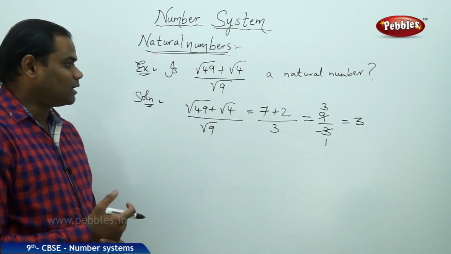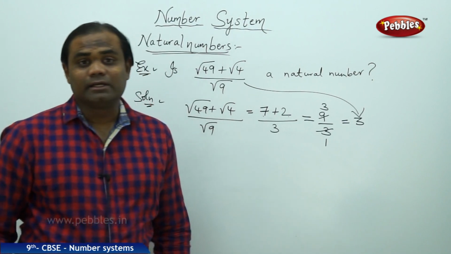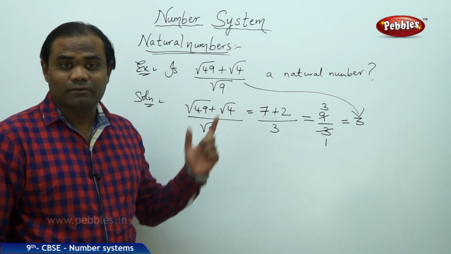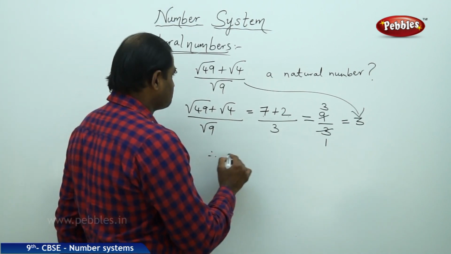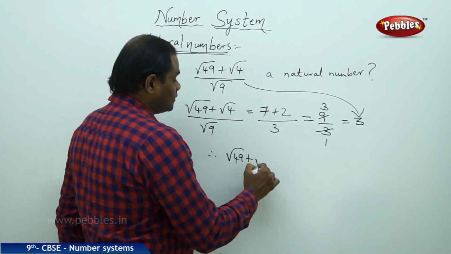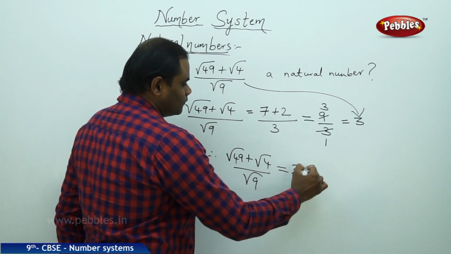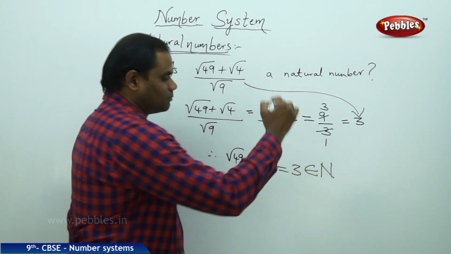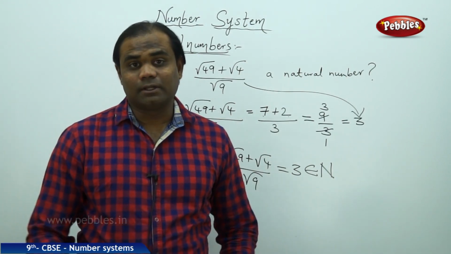The most simplified answer is 3, which is clearly a natural number. Therefore, root 49 plus root 4 by root 9 is 3, which belongs to the set of natural numbers, capital N.